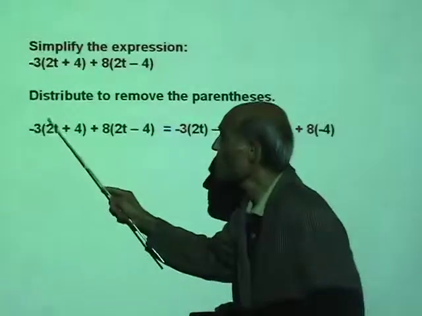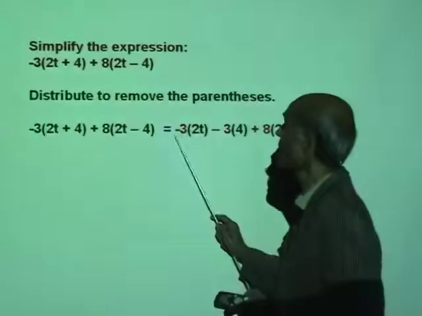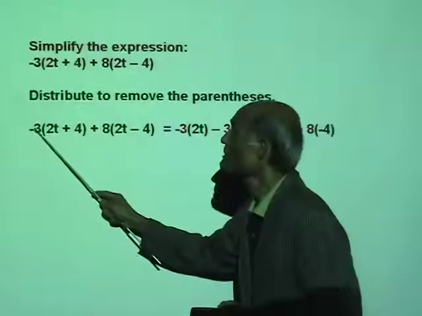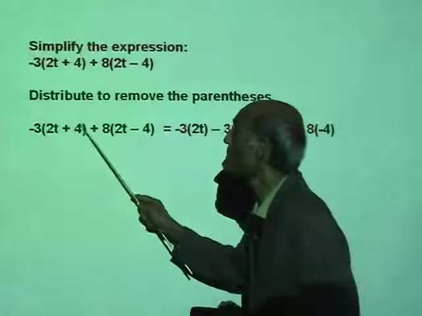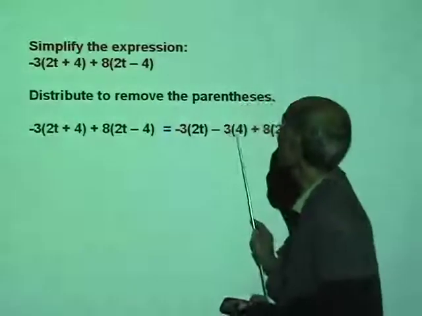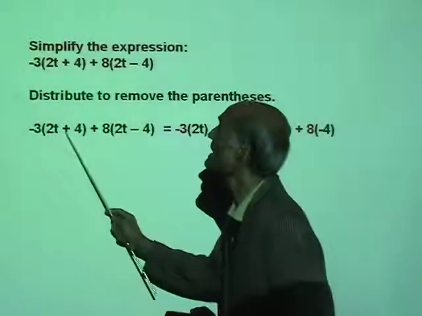Negative 3 multiplied by positive 2t, there you are, negative 3 times 2t. Then minus 3 multiplied by 4, distribute there, minus 3 multiplied by 4. We have finished distributing that negative 3.